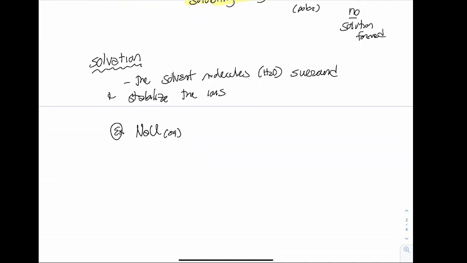So what's going to happen is we're going to break the sodium chloride ionic bonds. There's an ionic bond between those. We're going to break some intermolecular forces between water molecules.